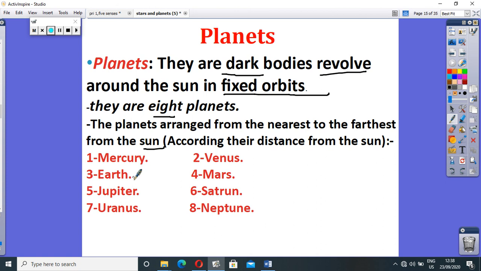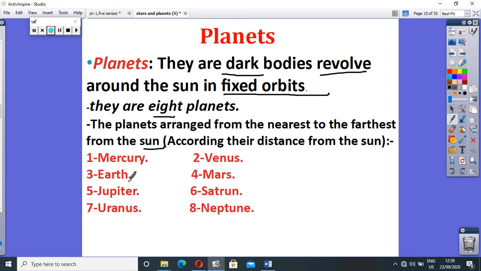After Earth, Mars. After Mars, Jupiter. After Jupiter, Saturn. After Saturn, Uranus. After Uranus, Neptune. Excellent. So we have 8 planets.